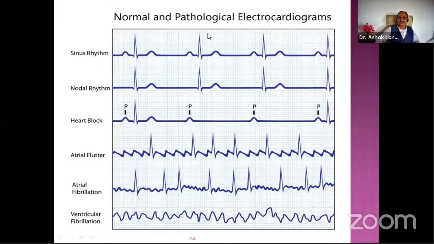I am not going to discuss all of this. Here there are P waves, but there is no QRS complex. This is the atrial flutter, just check. And this is ventricular fibrillation, when no waves can be seen, but it is just like a wave. And here is atrial fibrillation, where there are many P waves.